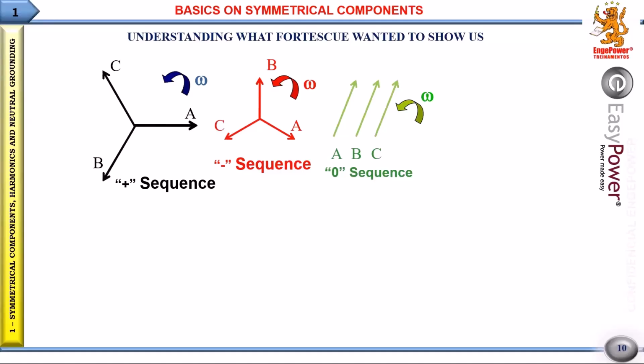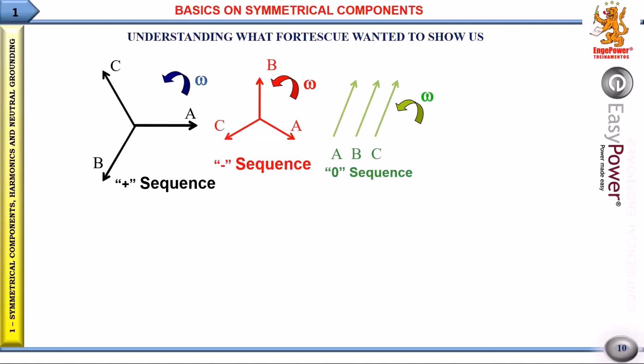To get the phase A resultant, we have to sum the positive sequence current for phase A, negative sequence for phase A, and zero sequence for phase A.